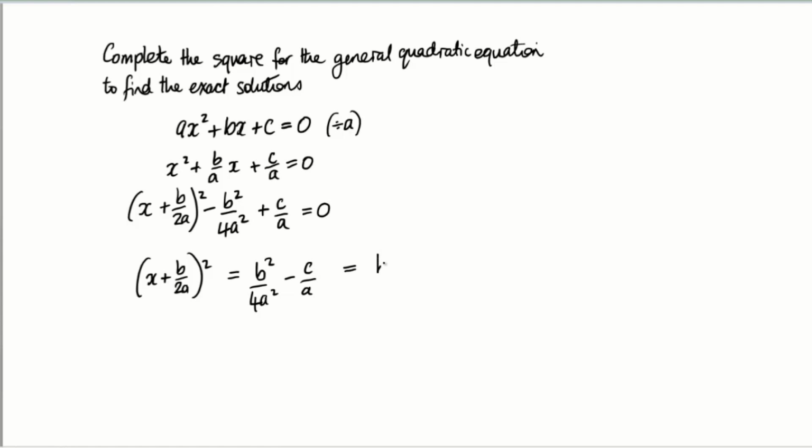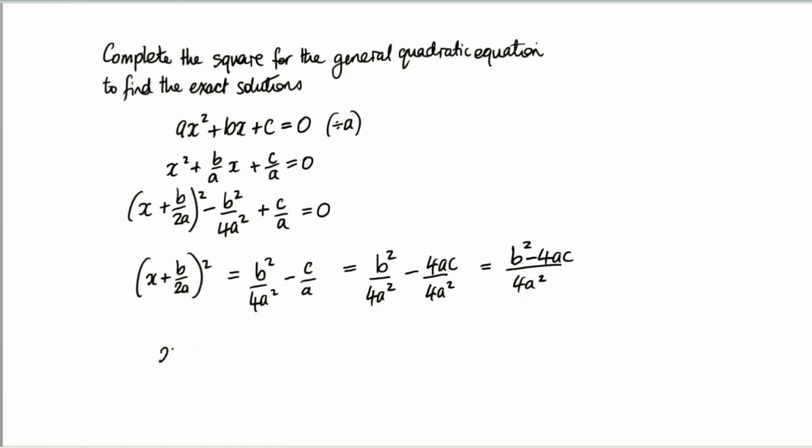So that gives me b squared over 4a squared, take away 4ac over 4a squared, which is starting to look familiar. The denominators are now the same, so I can write them as a single algebraic fraction. And that's what x plus b over 2a all squared equals.